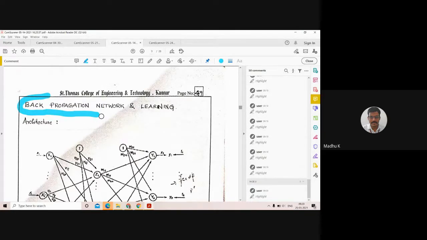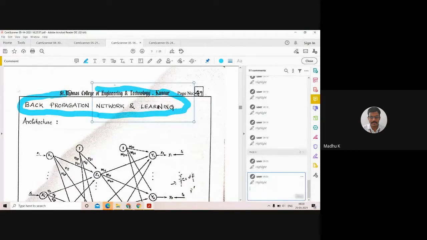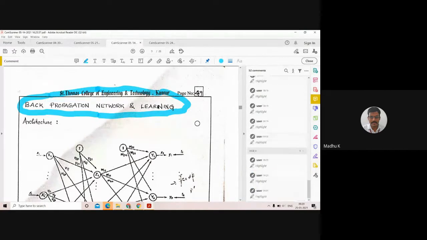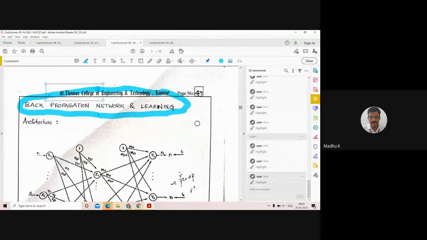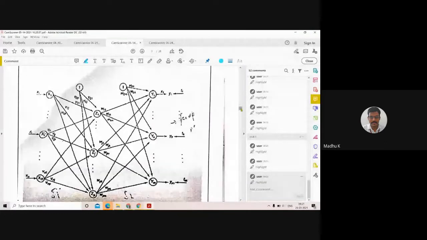We just want to focus on this algorithm and concept only: backpropagation network and learning. This is the architecture of the backpropagation network. This question has come several times in the university exams.